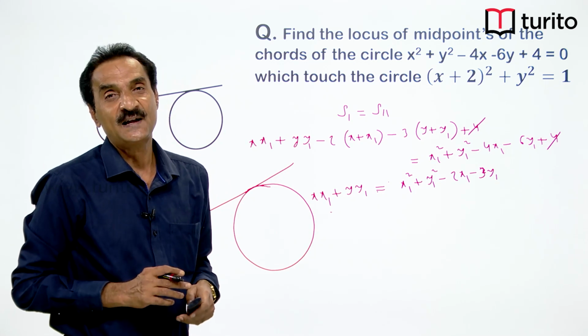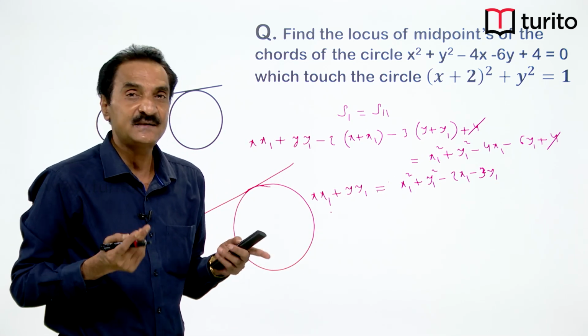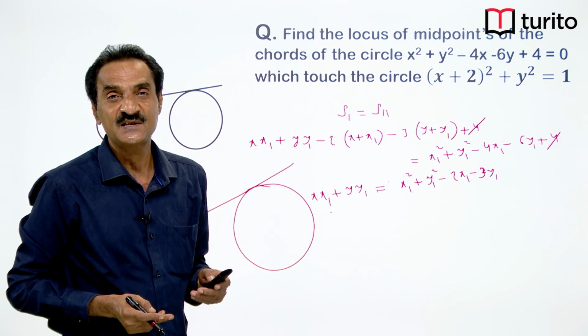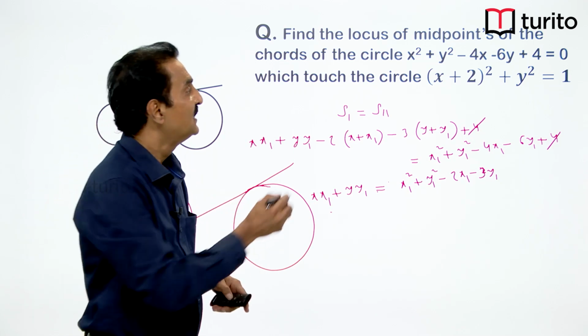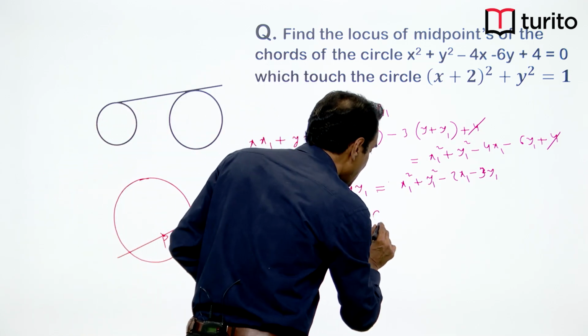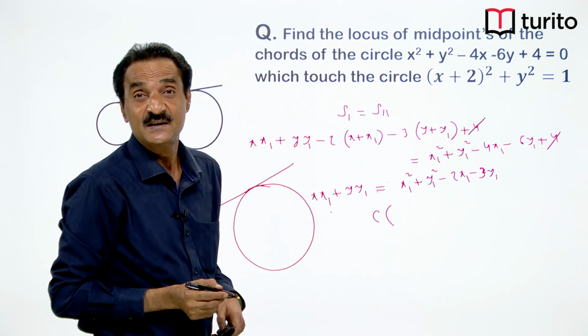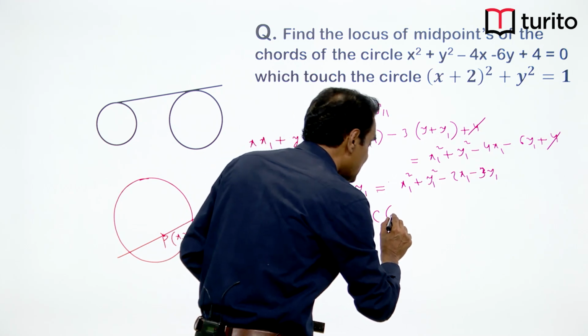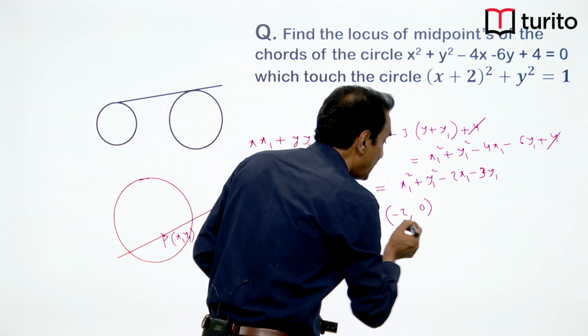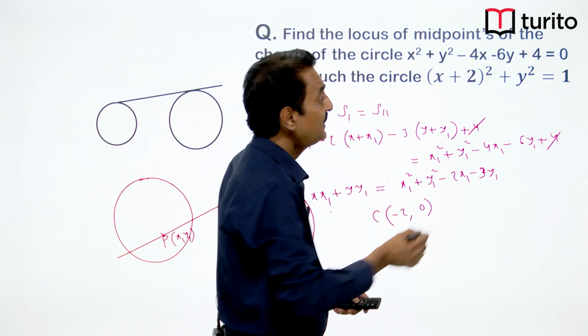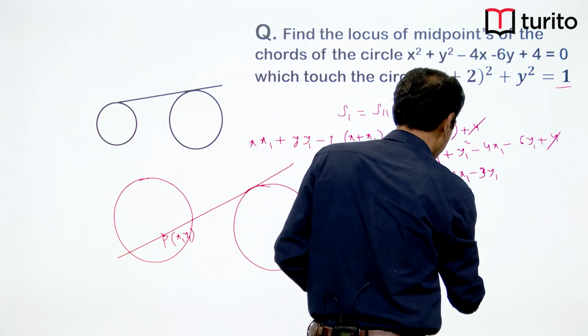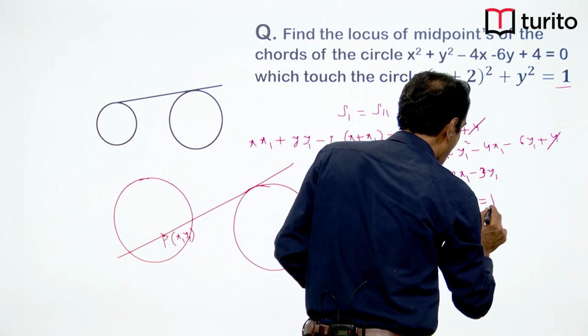What is the condition for tangency? d is equal to r. Perpendicular distance from the center is equal to radius. What is the center of the circle? Minus 2 comma 0, center of the second circle. Center is minus 2 comma 0, and what is the radius? Radius is 1. r is equal to 1.